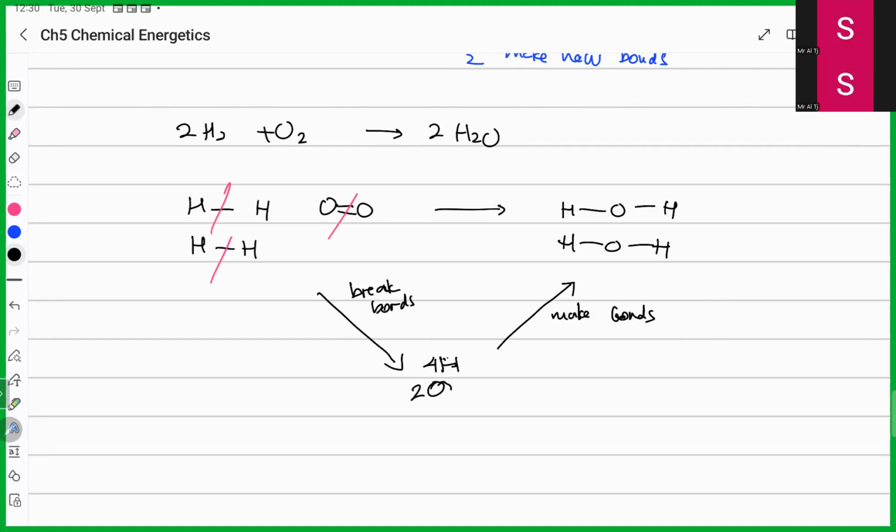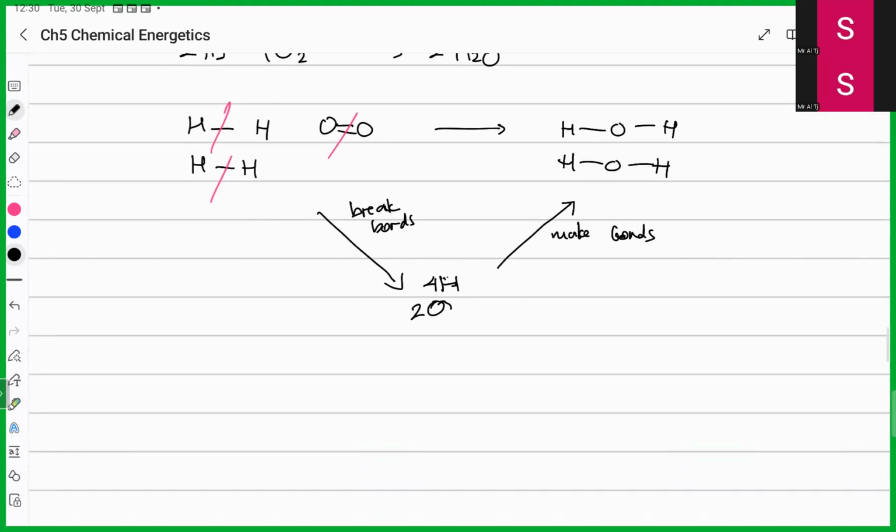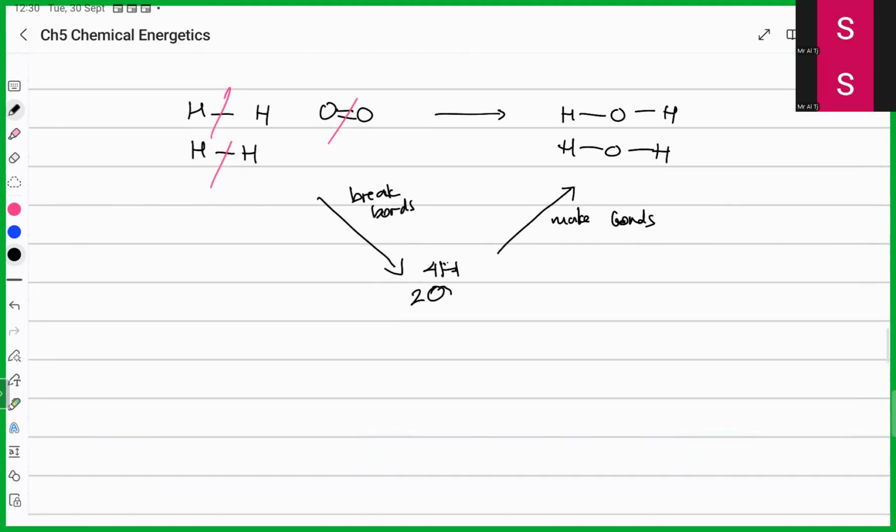In order to find out the enthalpy change accompanying these reactions, we will be given a list of bond energies. For example, we might be given hydrogen to hydrogen, that's going to be, let's say, 75. Okay.